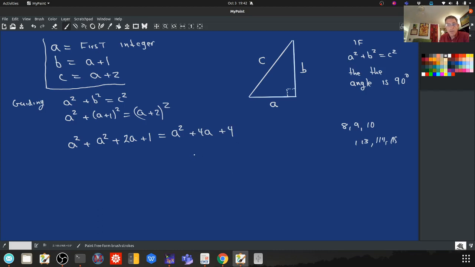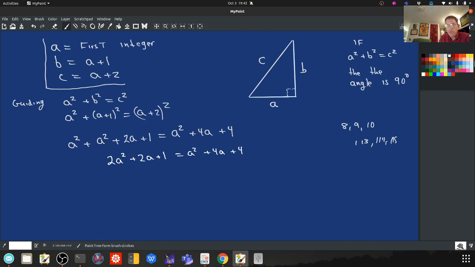So now I've got to set all of this equal to 0, and something really nice happens. Let's first simplify both sides. A squared plus A squared is 2A squared plus 2A plus 1 is equal to A squared plus 4A plus 4.